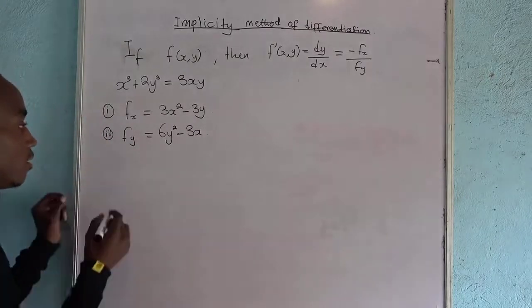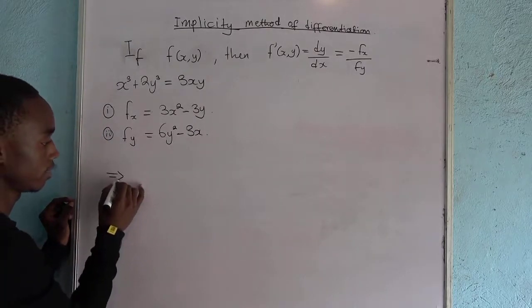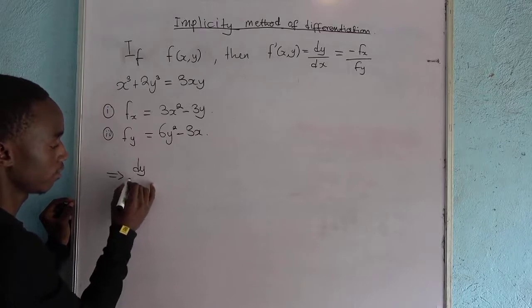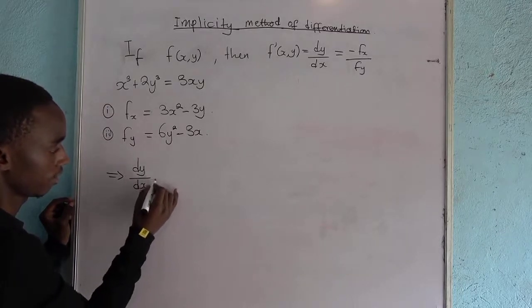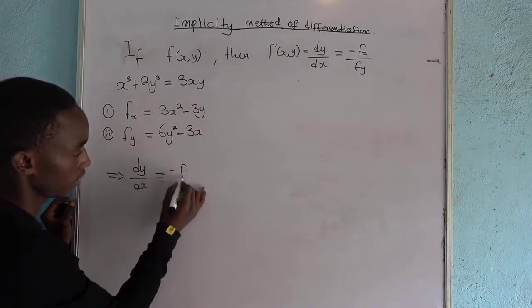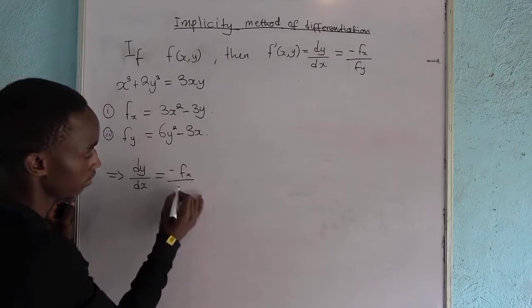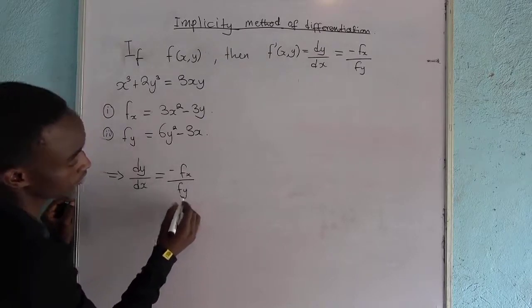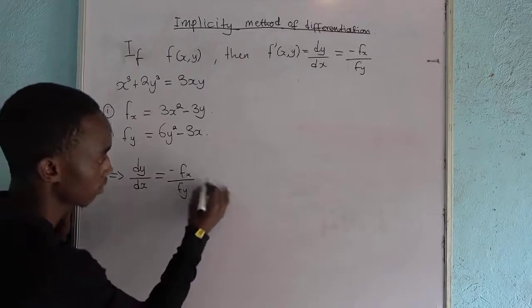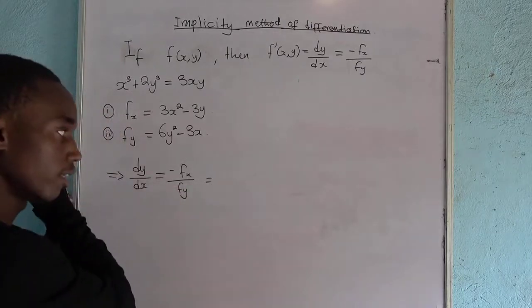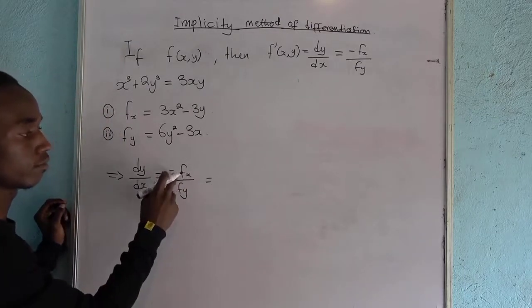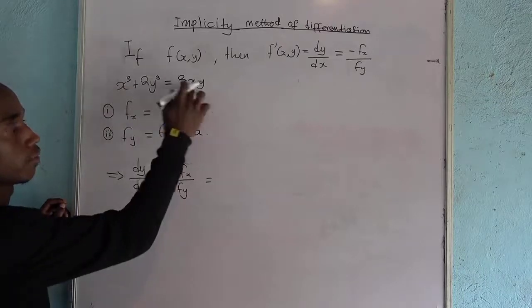And then this implies that dy/dx, which is given by the negative partial derivative of x divided by partial derivative of y, is equal to... So now what is the partial derivative of this function with respect to x?